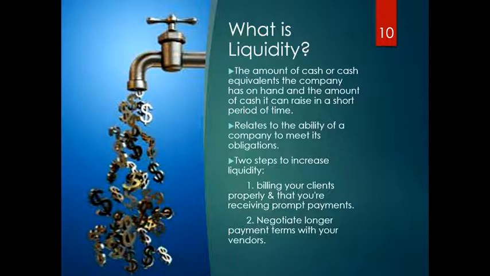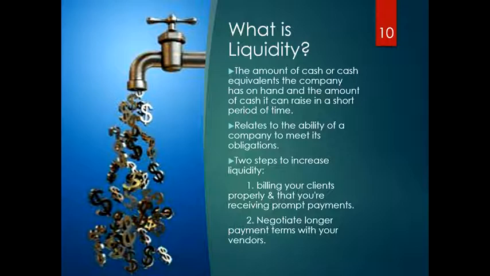So there are several steps, but I'm focused on 2 steps to increase the liquidity. First is billing your clients properly and that you are receiving prompt payments. Sebab tu it's very important for you to have the credit worthiness. Okay, untuk you review you punya customer punya credit worthiness. Sebab nanti dia akan affect the payment lah.